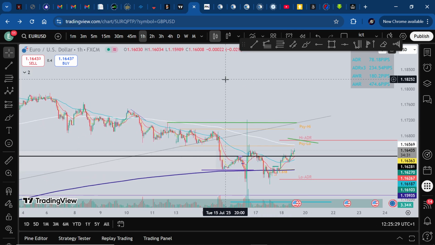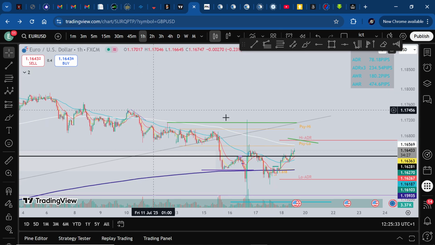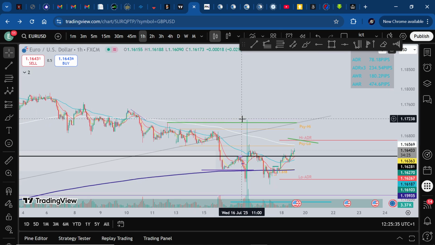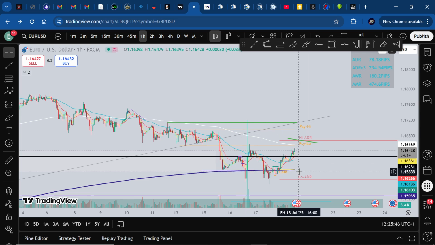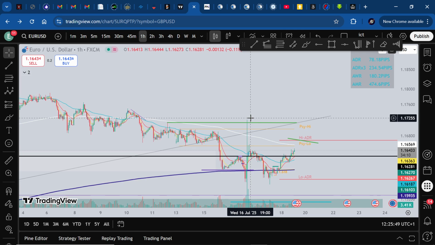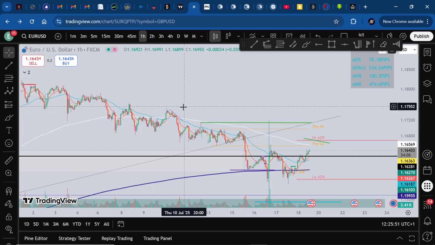We've already taken out supply all the way up there. Everything that could be mitigated has been mitigated, and when you've mitigated an area and price is coming back there, it has no reason to stop. It's not going to mitigate an area on a pullback. At some point, expect a big push up, is what I'm telling you, till we get above that wick or even above this high.